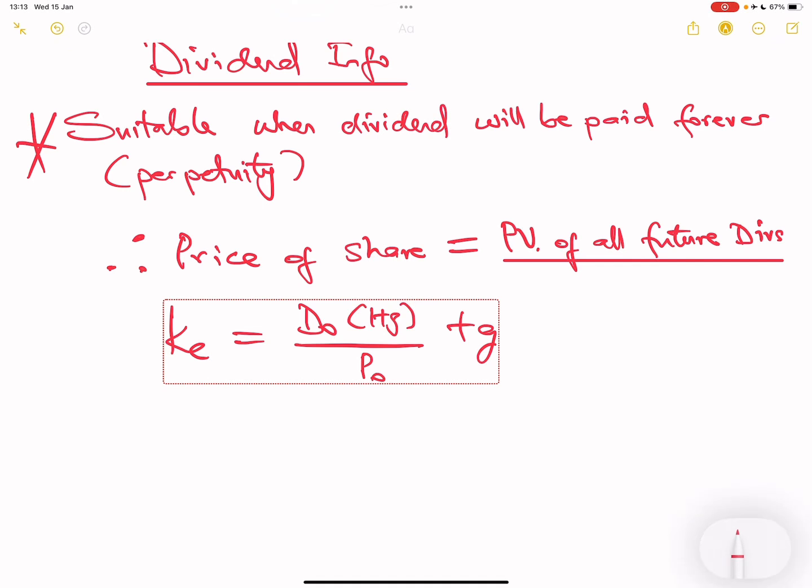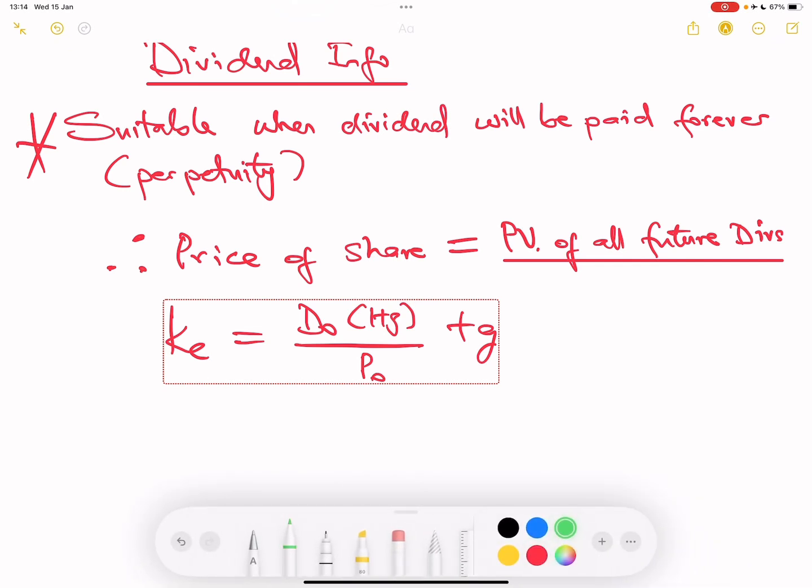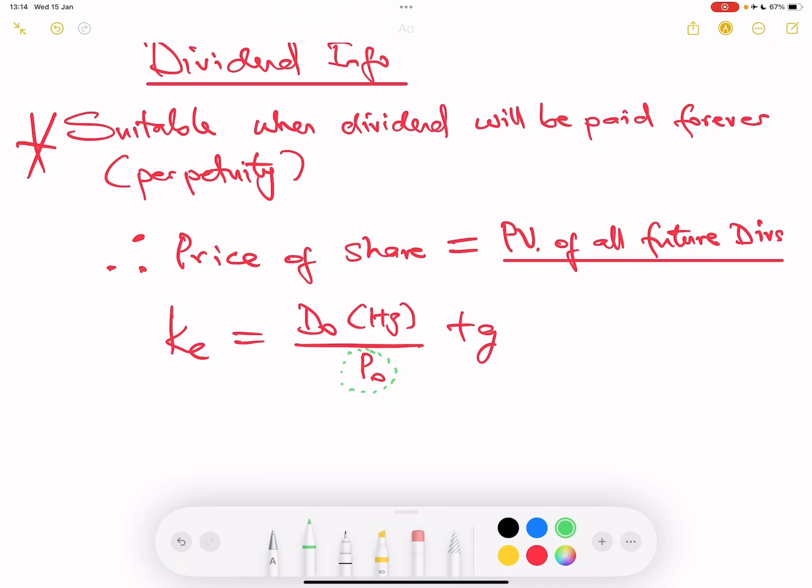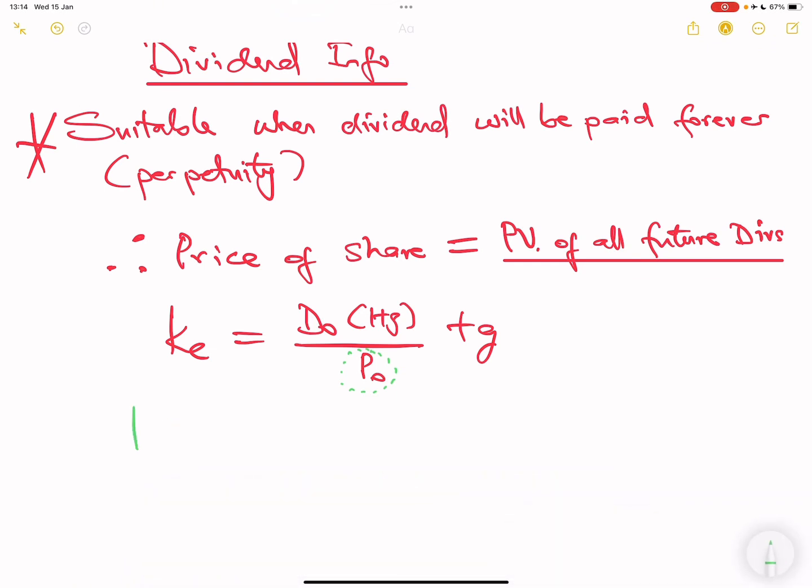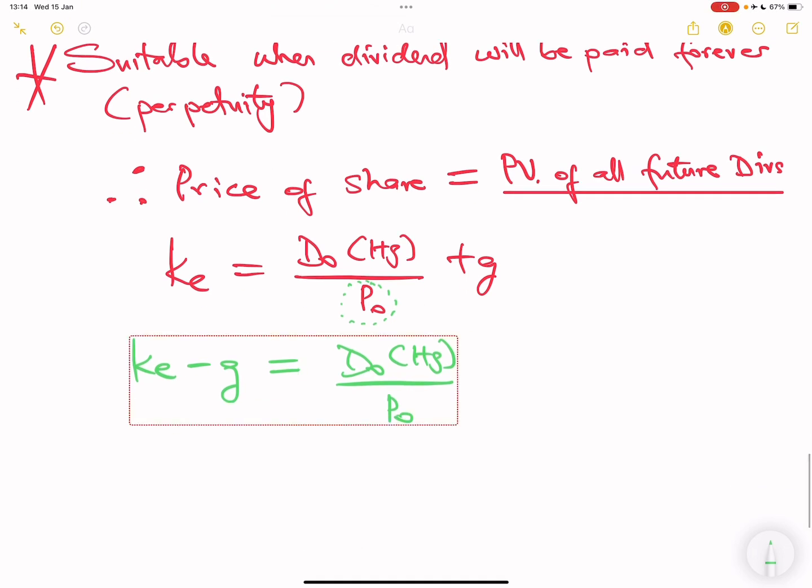All you need to do is to rearrange the formula such that you will bring P naught out. And if you try to do that, you discover that KE minus G now equals to D naught into 1 plus G divided by P naught. And with this, you can bring P naught to this place and bring this one down to this place.